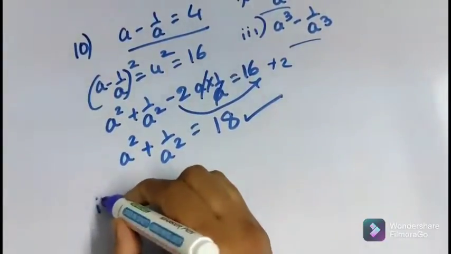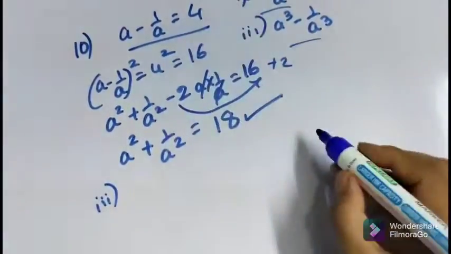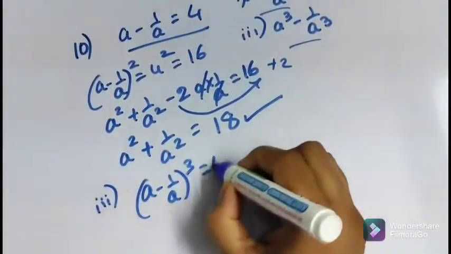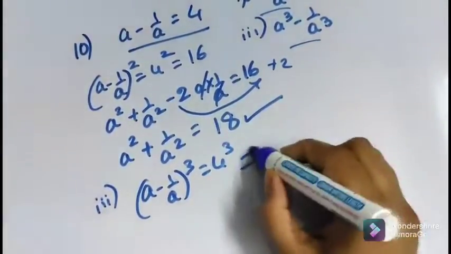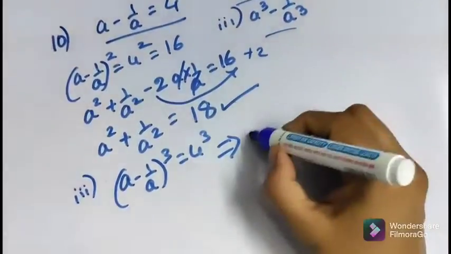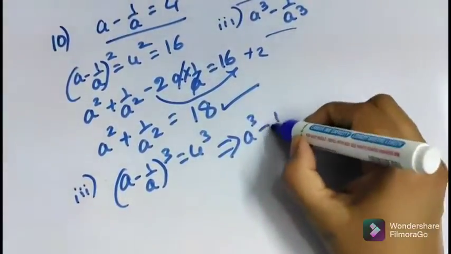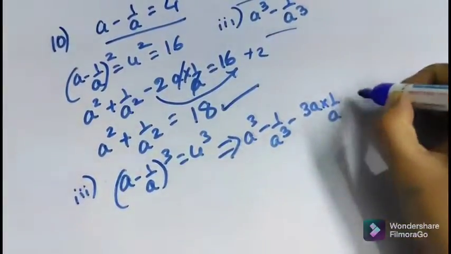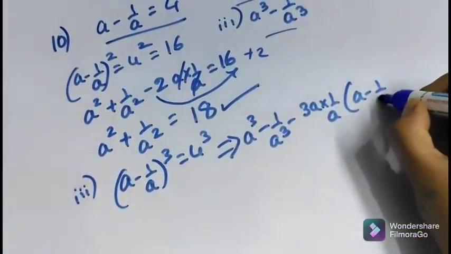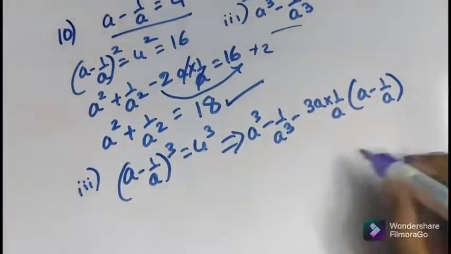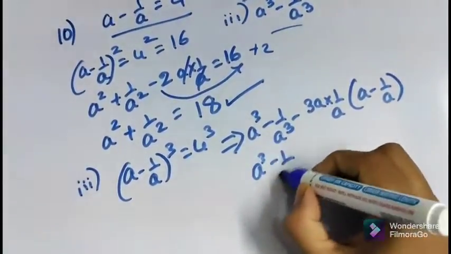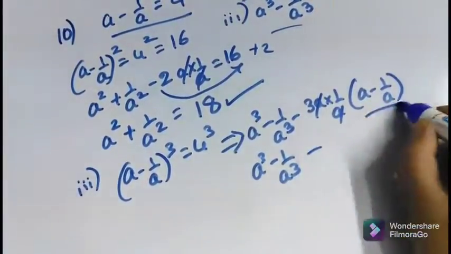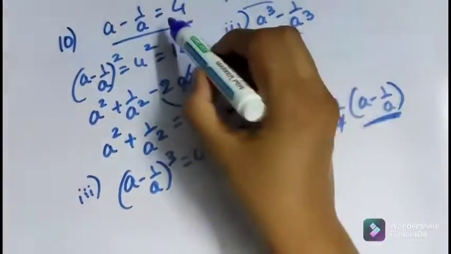For the third part, we just have to cube this equation. a minus 1 by a whole cube is equal to 4 cube. So I'll just do it here. We have this formula: a cube minus 1 by a cube minus 3a into 1 by a in the bracket a minus 1 by a. a cube minus 1 by a cube as it is. a gets cancelled here, so a minus 1 by a value is given as 4.